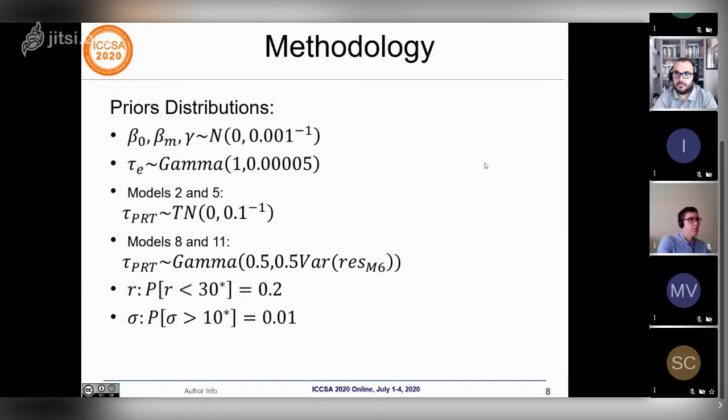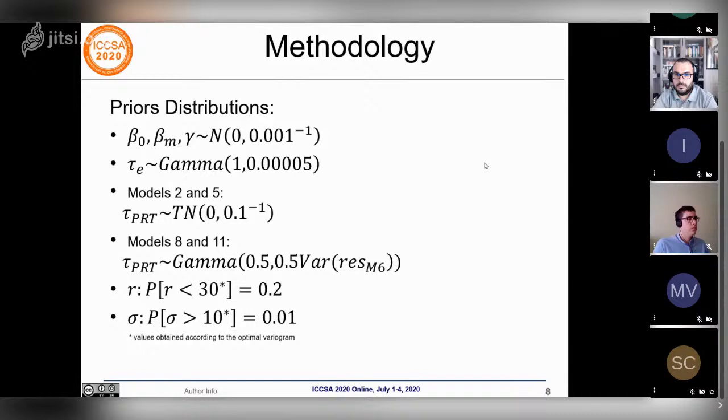In our analysis, we consider the probability of the range being lower than 30 to be equal to 0.1, and the probability of the marginal standard deviation being greater than 10 to be equal to 0.01.